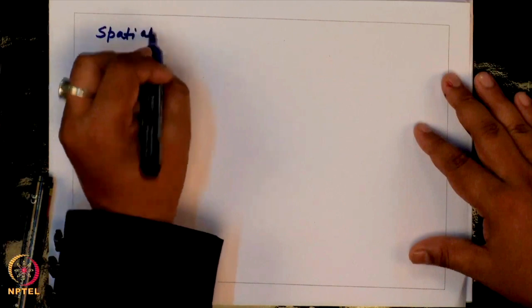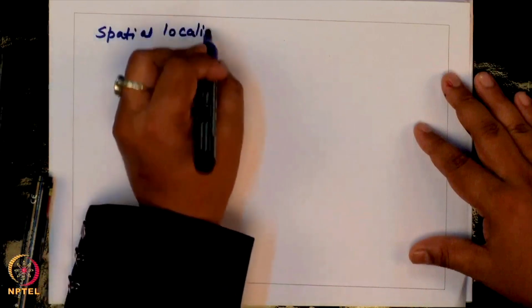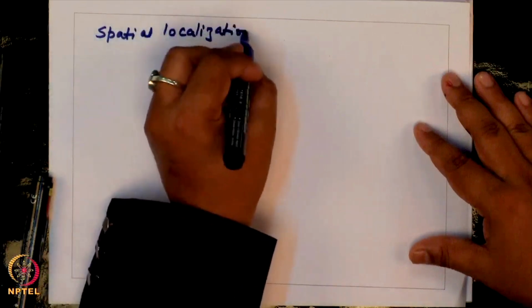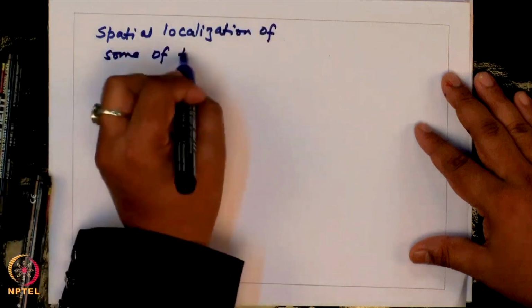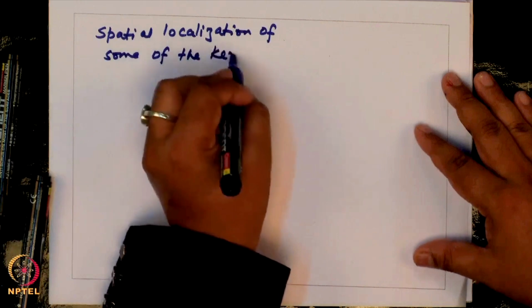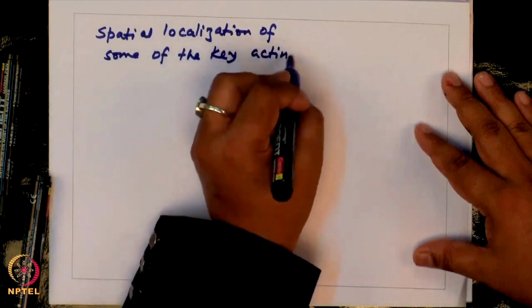So, what they went on to check was the spatial localization of some of the key actin associated proteins.